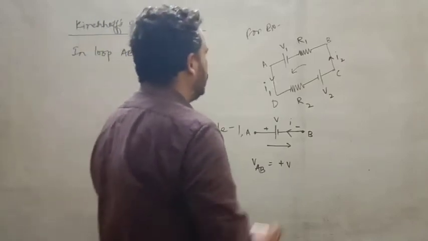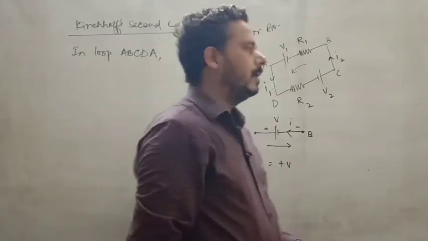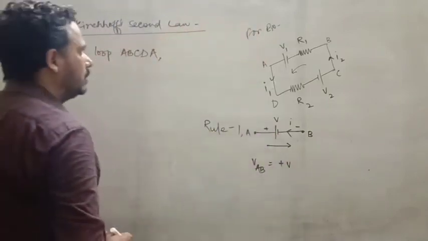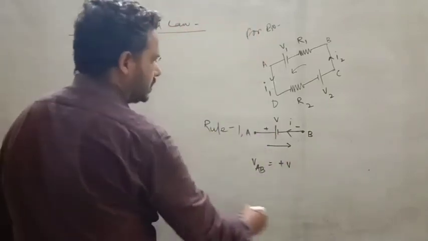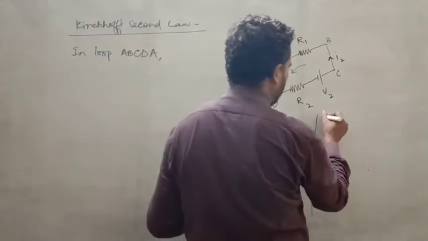The second rule is for the resistor in this loop.